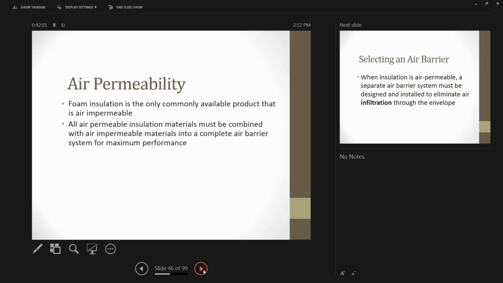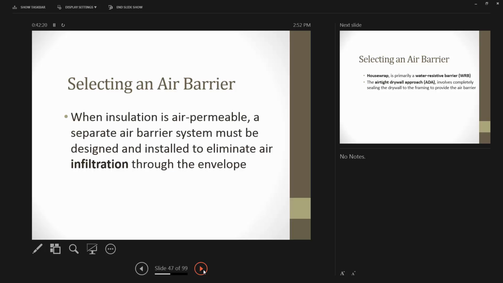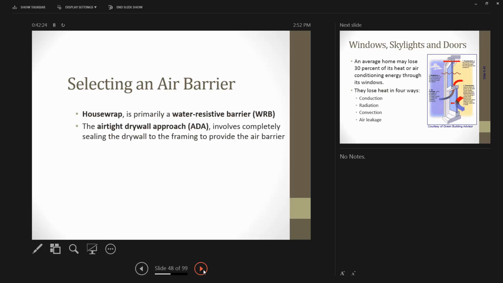Even your foam sheeting that you put on the outside of the house is not completely air impermeable. That's in your book, so you can look at the different ones on there. Again, we're trying to eliminate infiltration through the envelope.